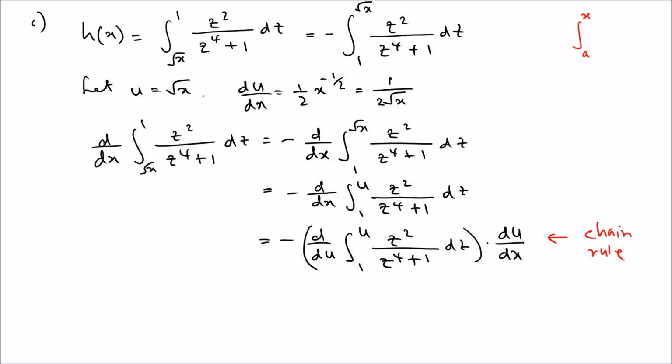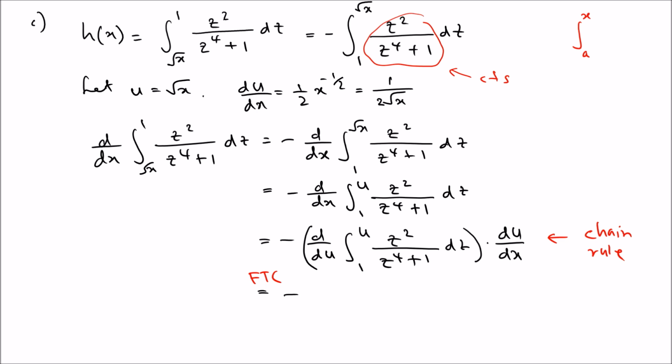Now for the first part we can use the fundamental theorem of calculus, so we can do FTC here. So we have negative, and we replace, because we know that this function is continuous. So this function is a continuous function on the domain. Good.